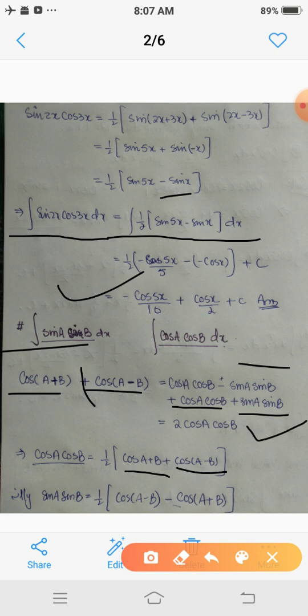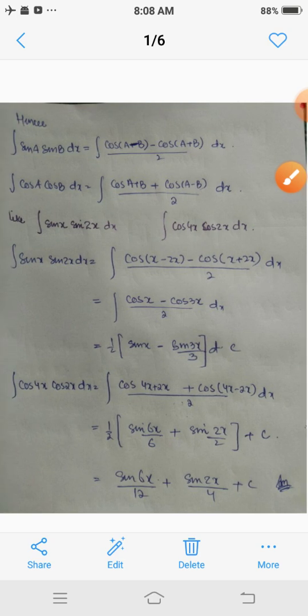Similarly, sine a sine b equals 1 by 2 (cos (a minus b) minus cos (a plus b)). So when we have the integral of sine a sine b, convert it into 1 by 2 (cos (a minus b) minus cos (a plus b)), or if we have cos a cos b, we convert it into 1 by 2 (cos (a plus b) plus cos (a minus b)).